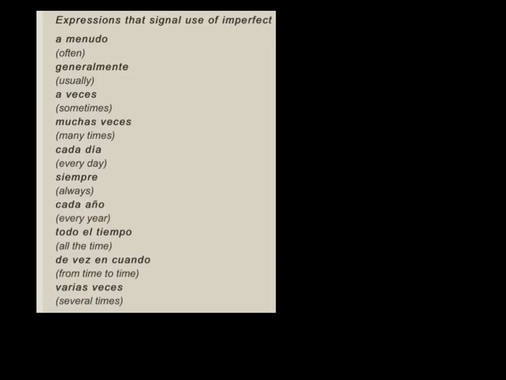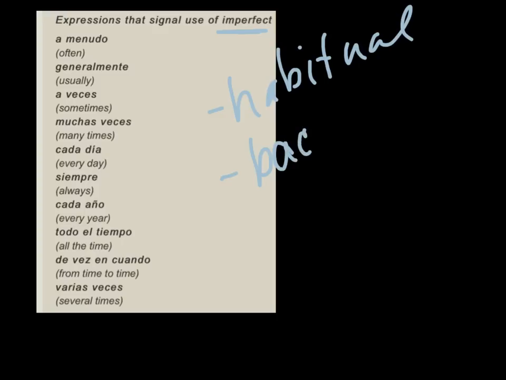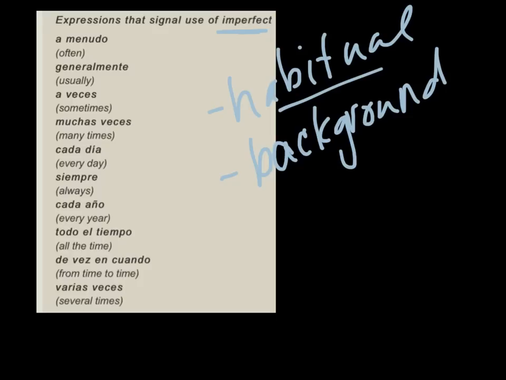These words, on the other hand, are clue words for the imperfect, because they indicate either habitual, or that is to say repetitive action, or they indicate background type information. Most of these, though, fall in the first category, that they indicate habitual or repetitive action.